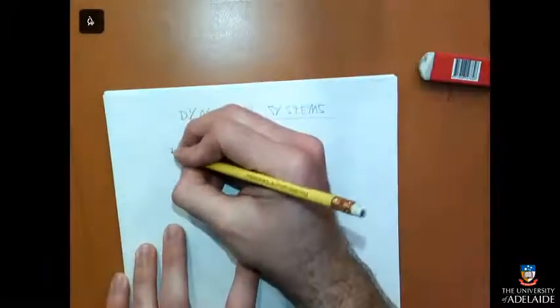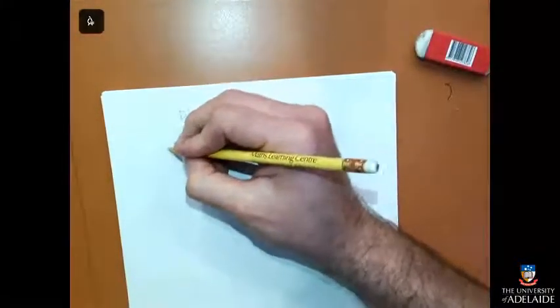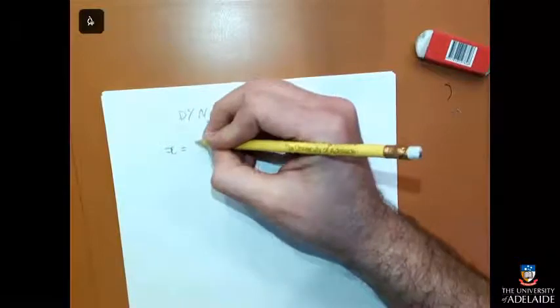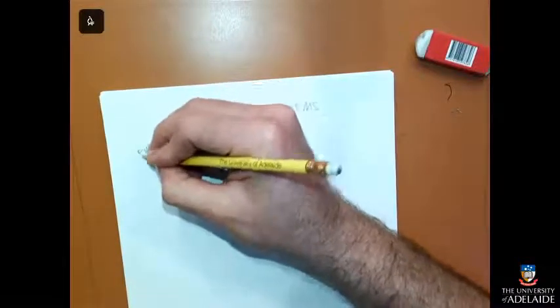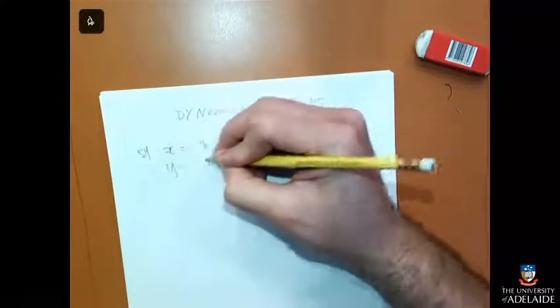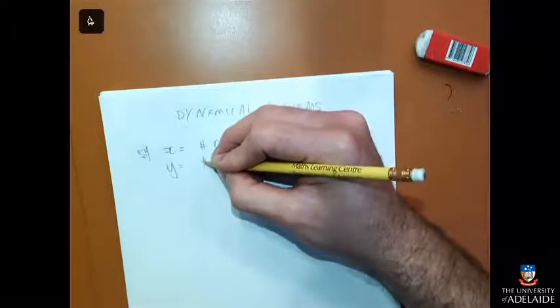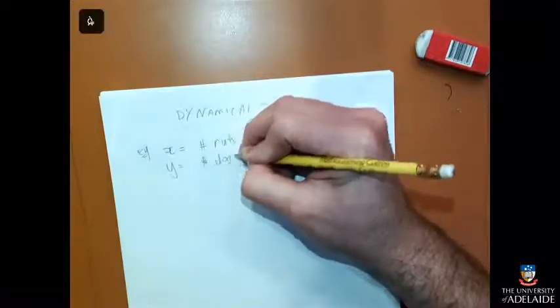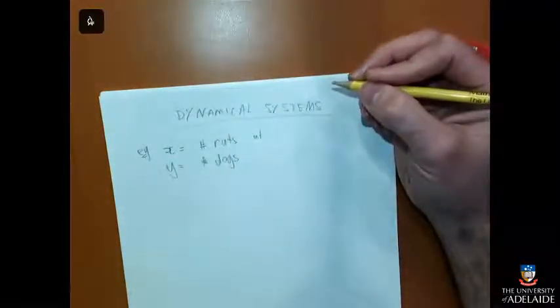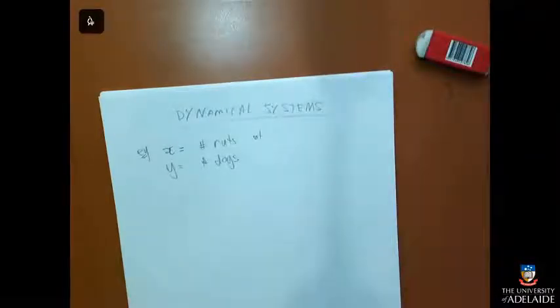So you might have, like, x1 is... damn it, just a second, let me just think about this. It might be that x is the number of rats and y is the number of dogs in some city, and the idea is that you follow it over time and you measure it at all these different times.